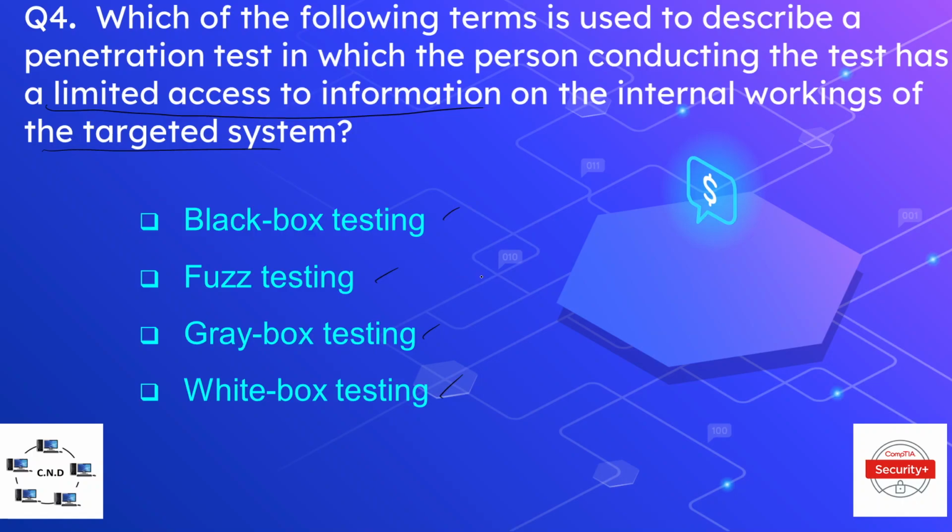And the correct option is gray box testing. So the gray box is in the middle of the black box and white box testing. In the black box, we have no information of the system. In the white box testing, we have most or all of the information regarding the system, while in the gray box, we have limited information.